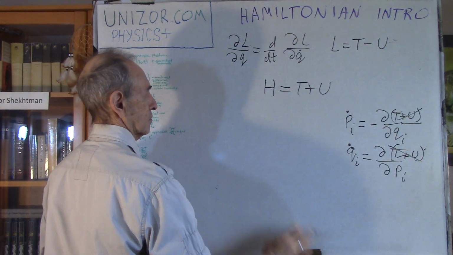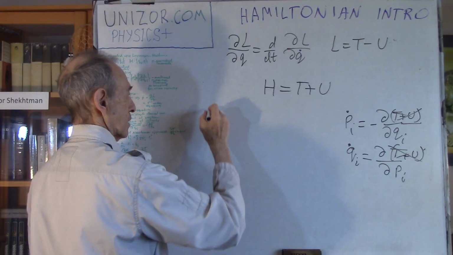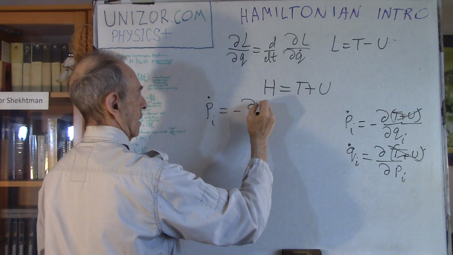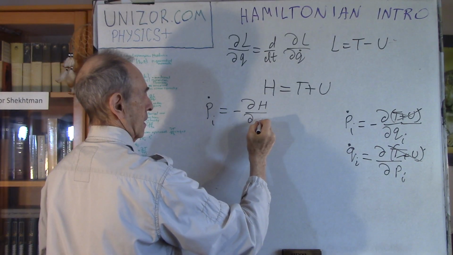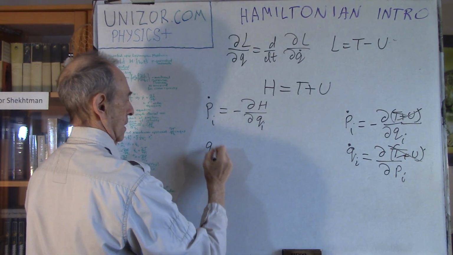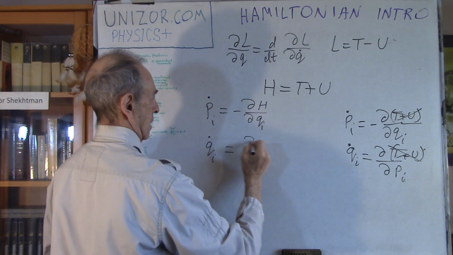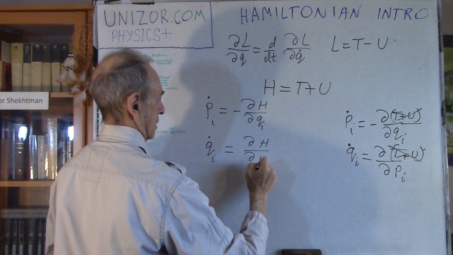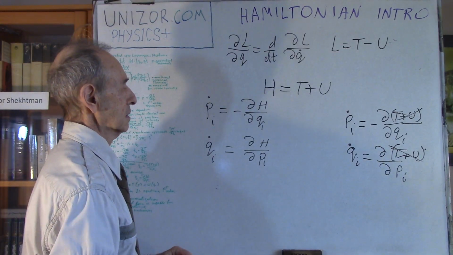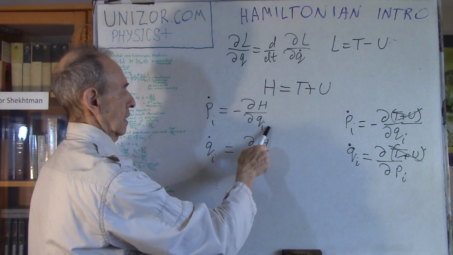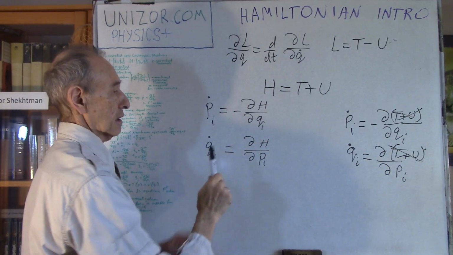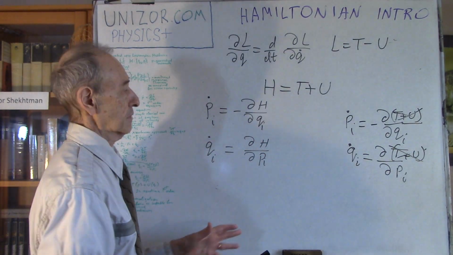And now my 2n equations look like this. Now we have 2n independent equations where q_i and p_i are independent variables, n variables each.